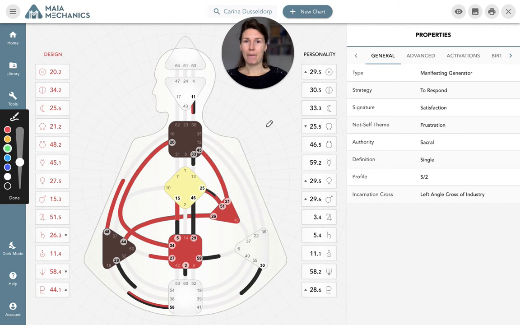So this was a little bit in a nutshell, how to read your design and what the basic themes, the basic words, and the surface level of the chart or the design mean.